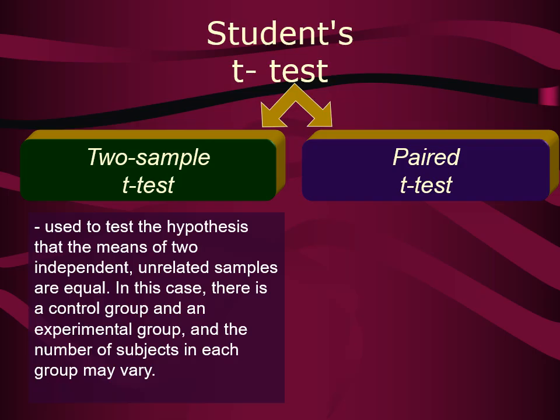The number of people in these groups, of course, can be different. It will be the same only in some exceptional case. For such cases, they use the Student two-sample criterion.